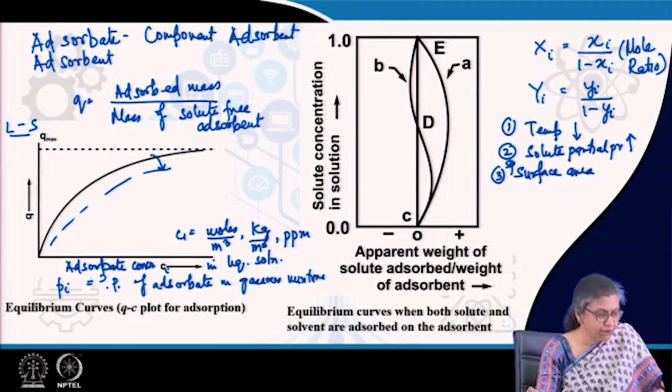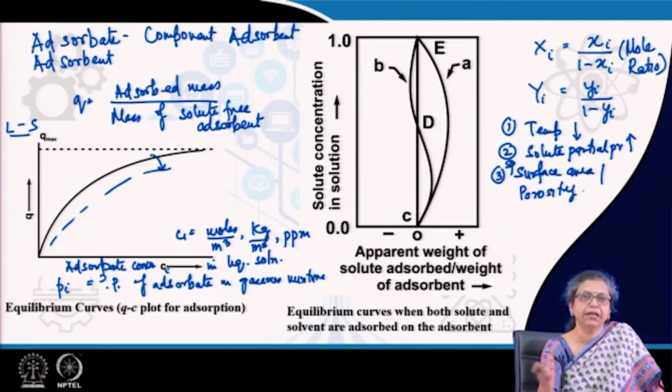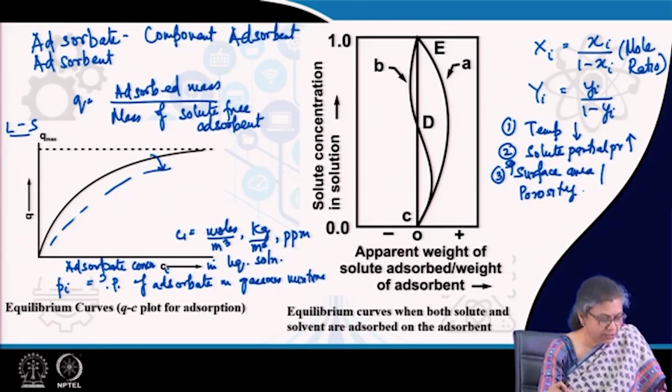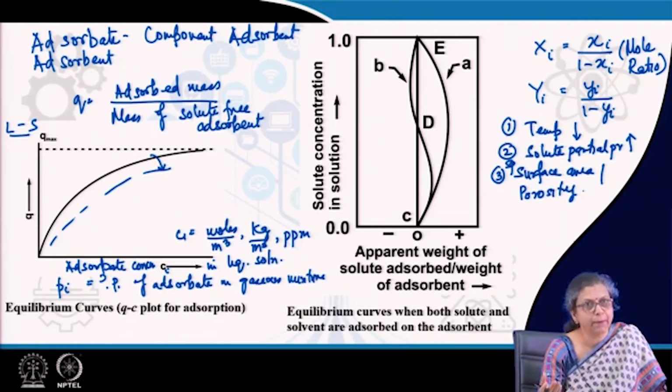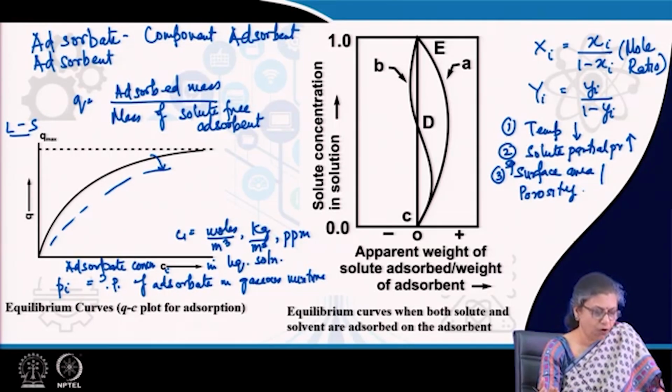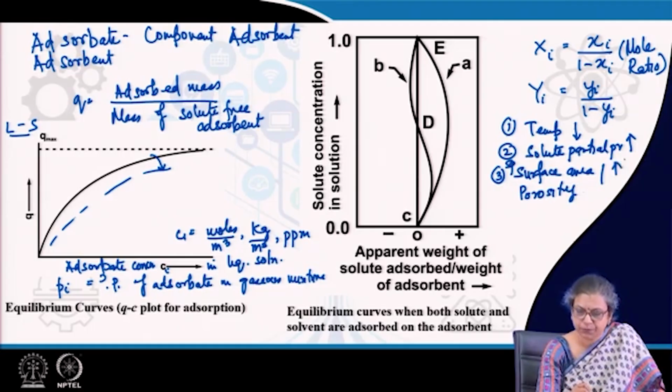So if we increase the specific surface area, or if we increase the porosity of the medium, naturally the total area available for adsorption increases, and whenever we go for higher porosity it ensures higher specific surface area. Therefore, larger adsorption capacity per unit weight of the adsorbent, or in other words this also increases Q.